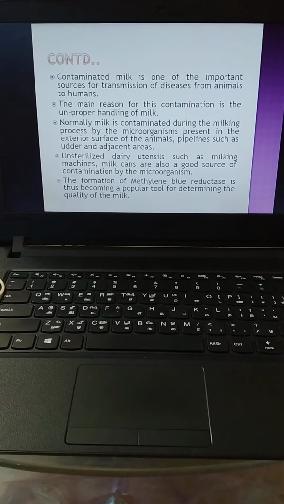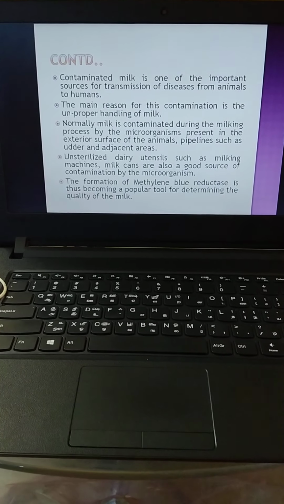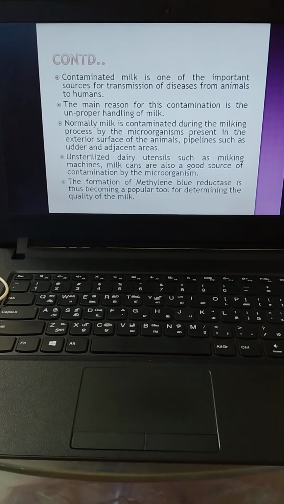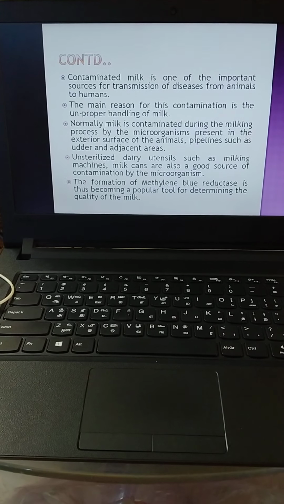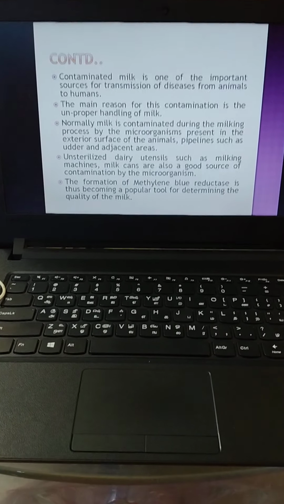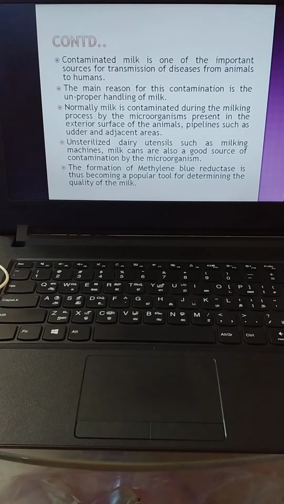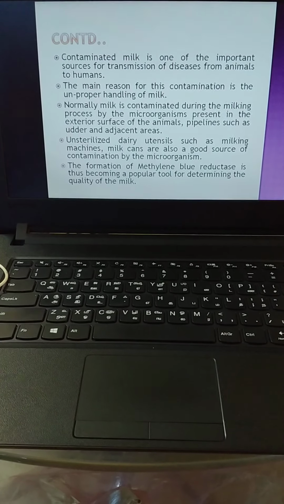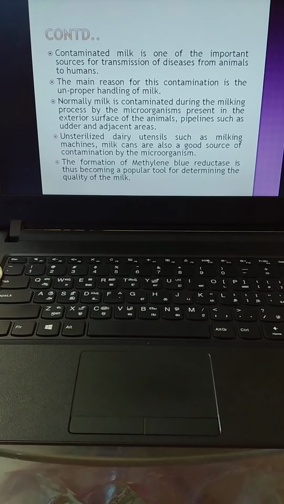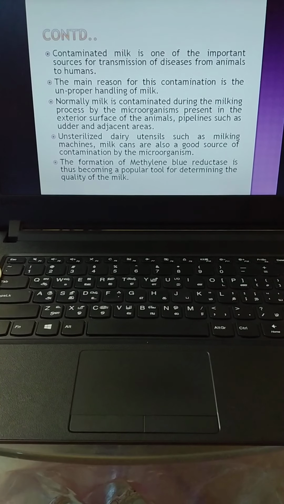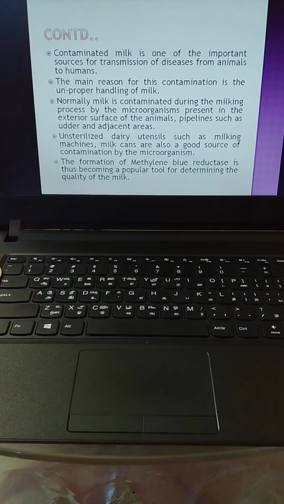Unsterilized dairy utensils such as the milking machine and milking can can also be a good source of contamination. The methylene blue reductase test is thus a popular and very important tool for determining the quality of milk.